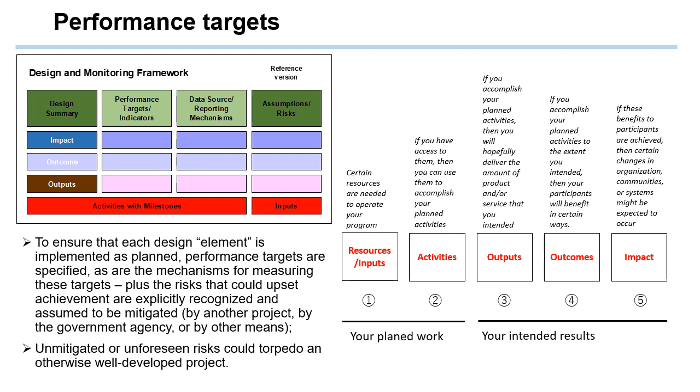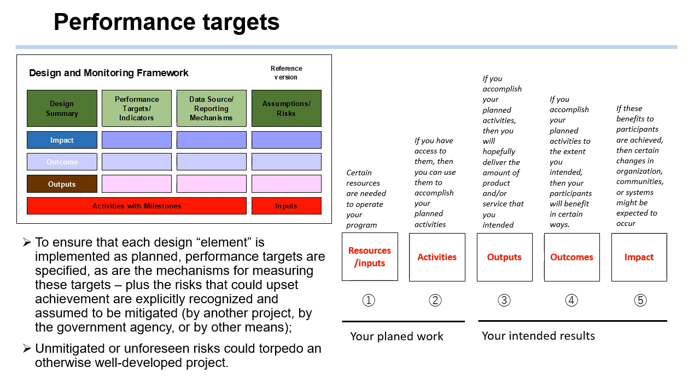Now, the way to think about the logic of the logical framework is that your planned work will consist of the resources and inputs that you have available to operate your program. These contribute to a certain number of activities.